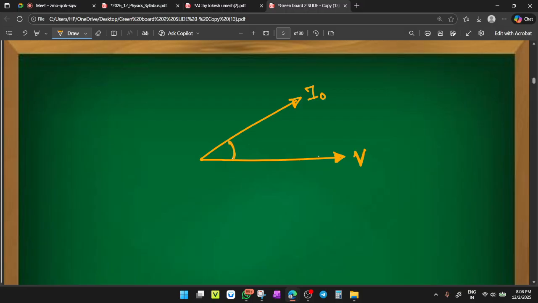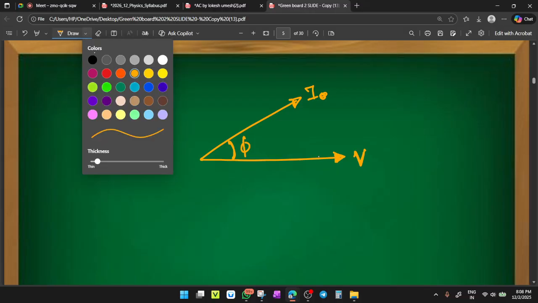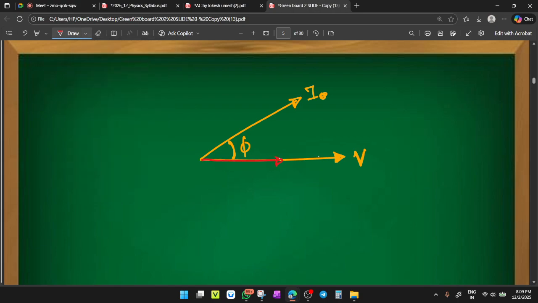If the phase angle is phi from the voltage, then you can resolve the current into two components. One is along the applied voltage, which equals I cos phi. Another is perpendicular to the voltage, which equals I sin phi.